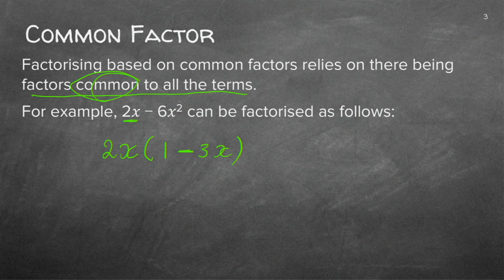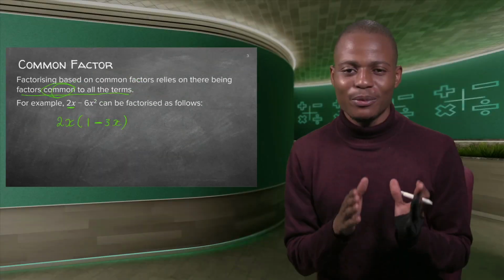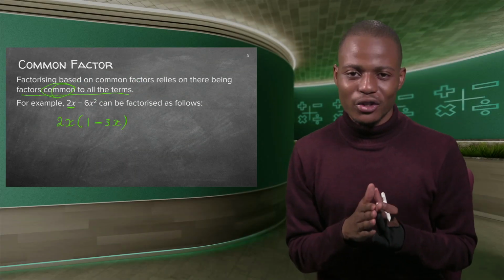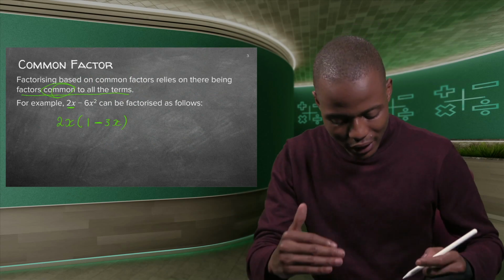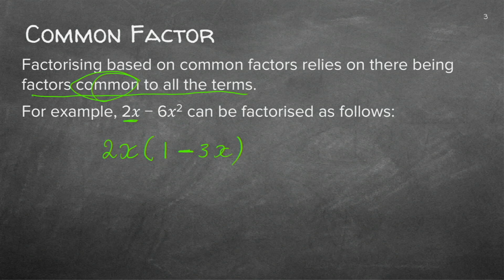So yes, it sounds a bit confusing. How do you actually get to those values? That's a beautiful question, so I'm going to guide you and show you something special. If you multiply back, let's just think the question was not there and we are trying to multiply back these values. If I multiply 2x and 1, I'm left with 2x.